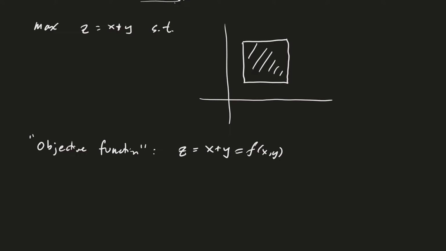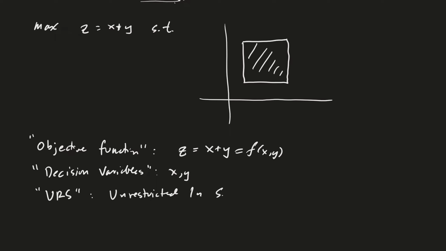And then we have the x and y are decision variables. Okay, and then if you see the abbreviation URS, that means unrestricted in sign. I'll remind you of this as we go along.